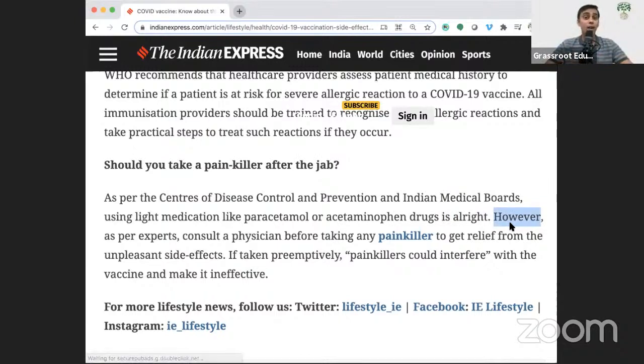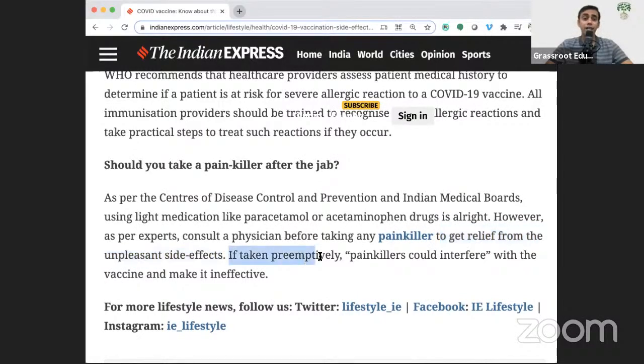Okay. So, however, as per experts, consult a physician before taking any painkiller to get relief from the unpleasant side effects.